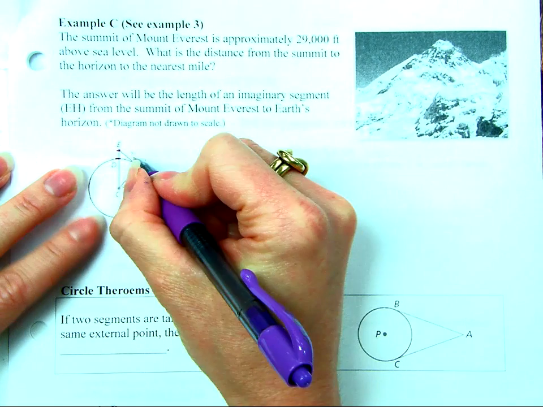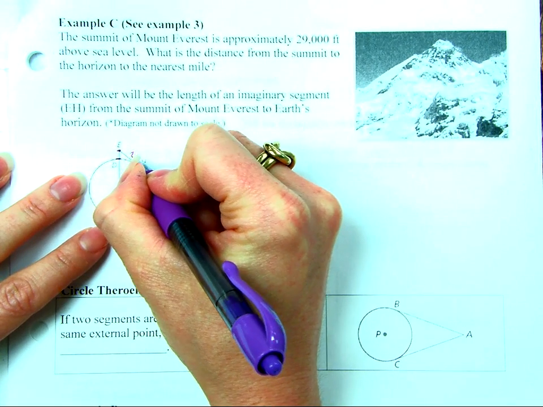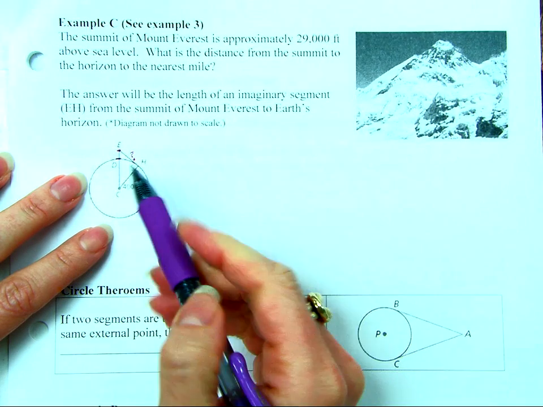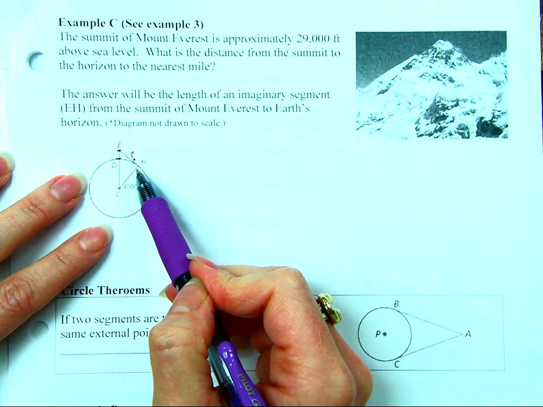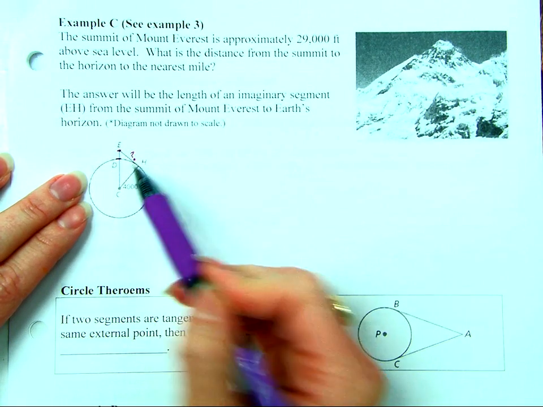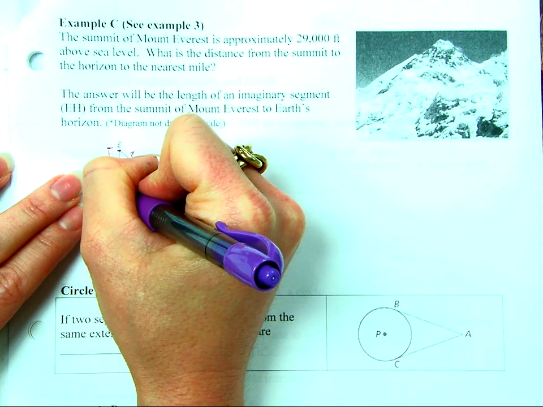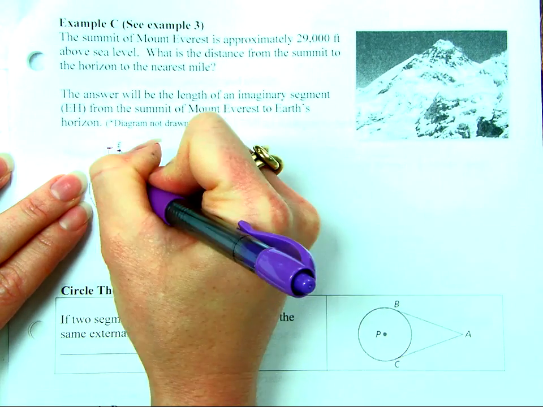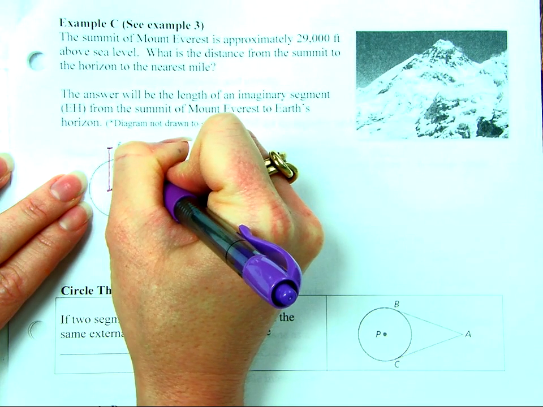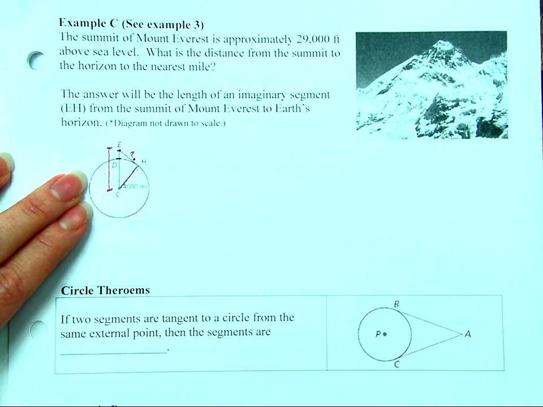In order to find our missing value here, I can see, because this would be tangent, I have a 90-degree angle. I actually can use the Pythagorean theorem, but I'd have to think about what my hypotenuse would be. Now, we know that this given radius is 4,000 miles.